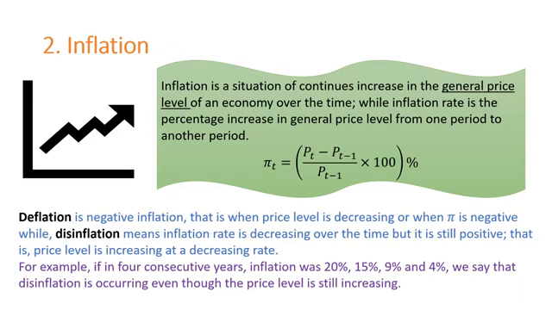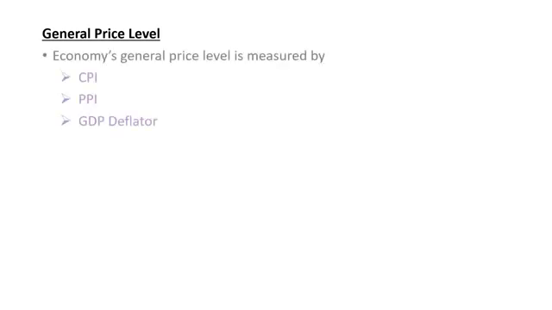What is general price level? Students, general price level is a number that represents prices of all the goods in an economy. Economy's general price level is measured by consumer price index, producer price index, or GDP deflator.